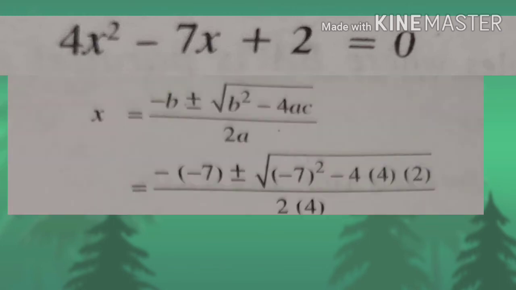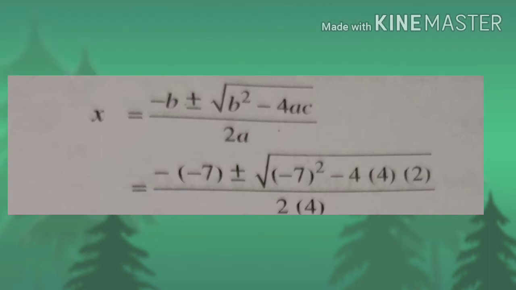This implies that x is equal to minus of minus 7 plus or minus square root of square of minus 7 minus 4 into 4 into 2 whole divided by 2 into 4. Here we have substituted b as minus 7, a as 4 and c as 2.